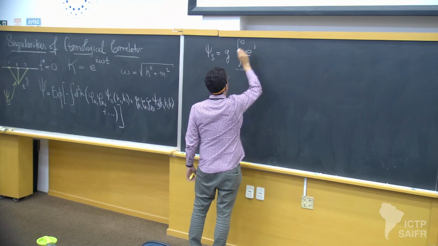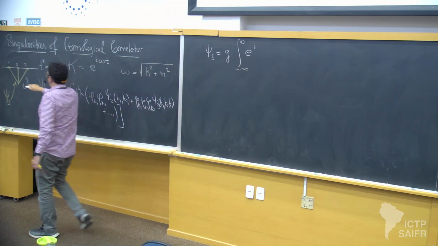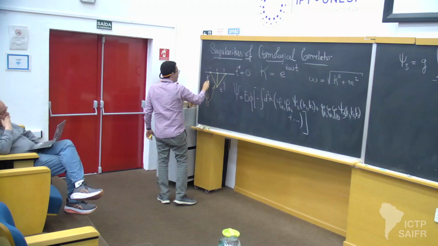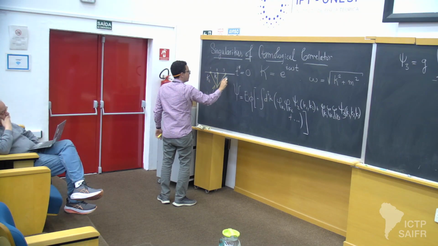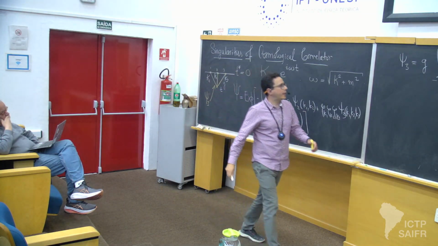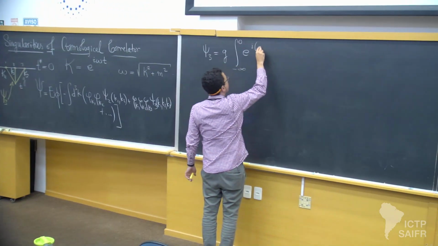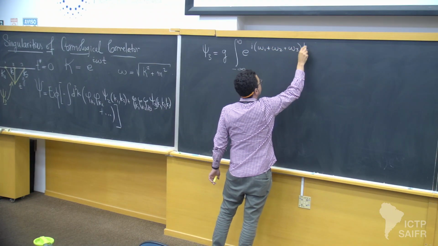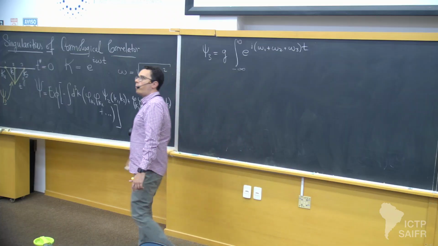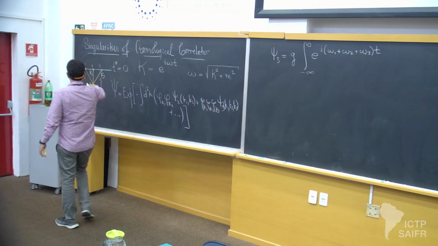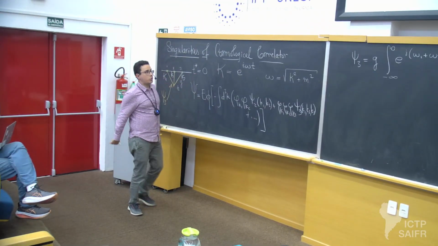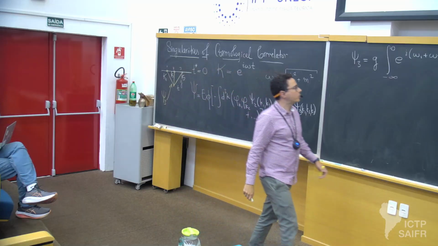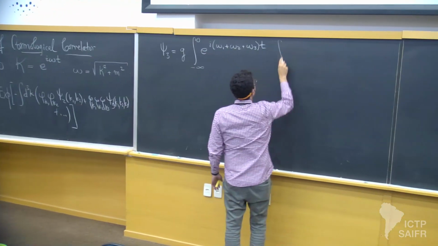The product of the propagators: there's propagator 1, propagator 2, propagator 3, for k1, k2, k3. So that gives us e to the i (omega 1 plus omega 2 plus omega 3) times t. The spatial part, you integrate over the whole slice, just plane waves. So okay, I'm going to do it just once.